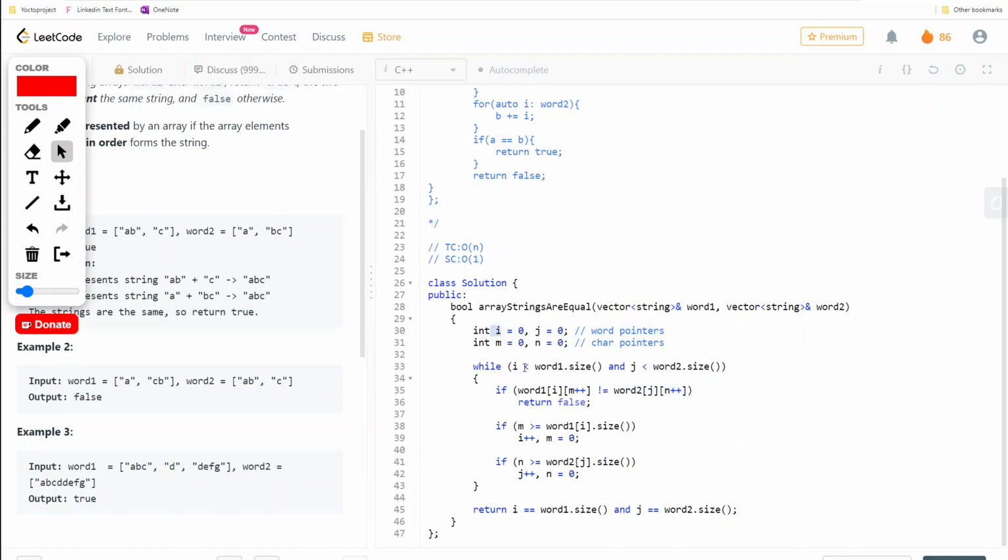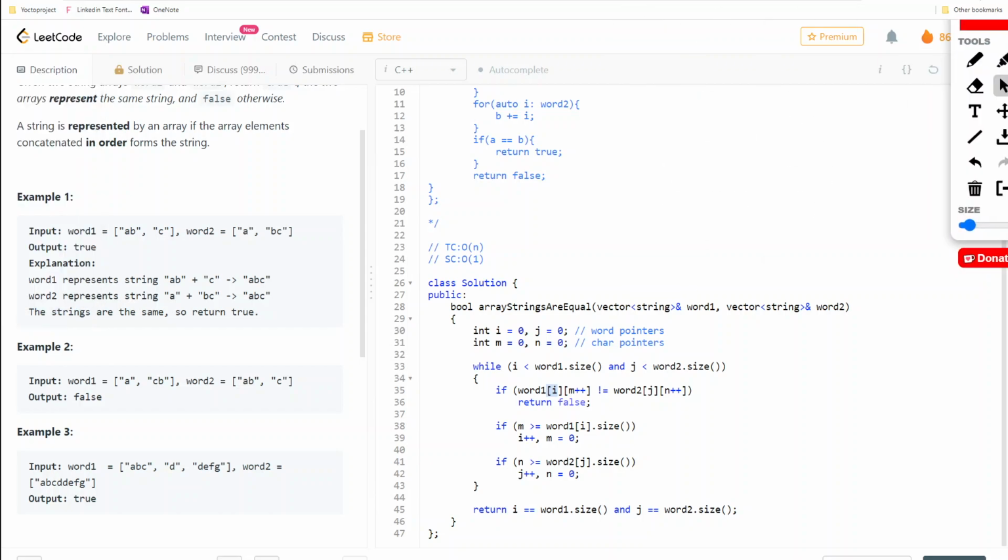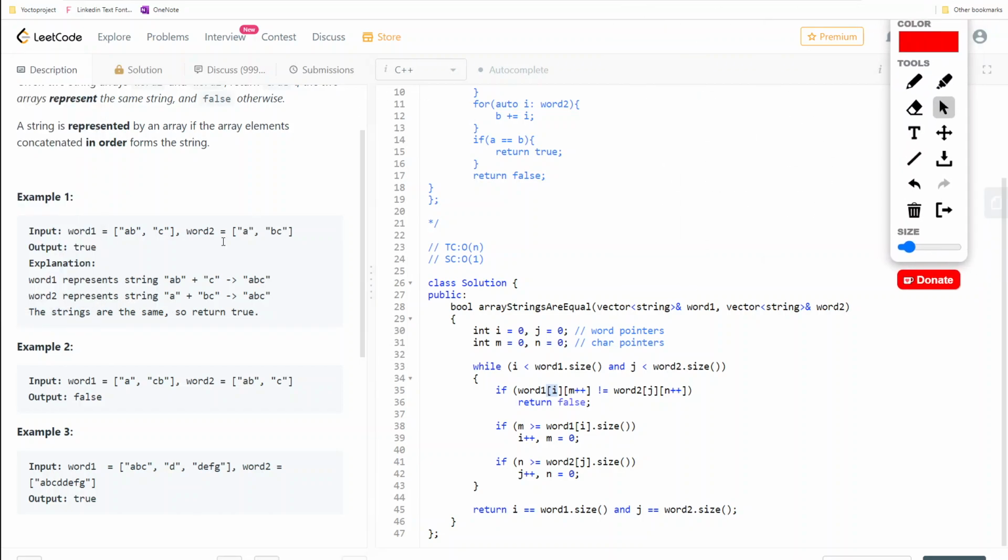Because of this i, we are checking for this particular, right? And because of this m, we are checking how many characters are present in that, and the same goes for this. According to that, each character is being checked, and then we will be returning false if they are not equal.